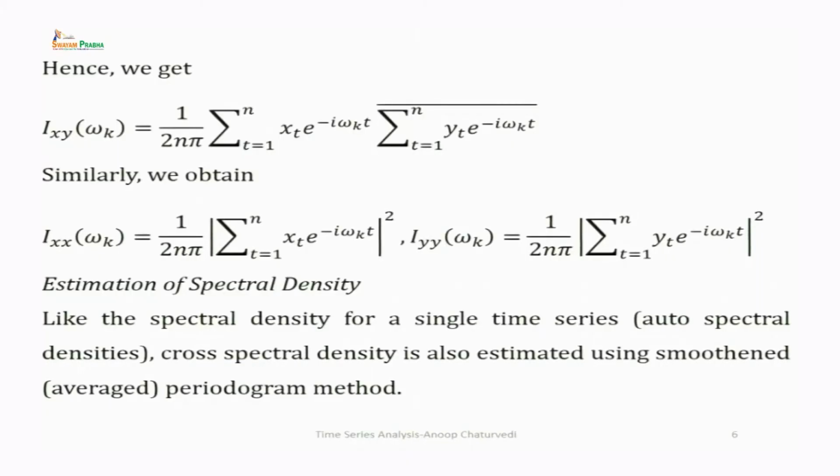We obtain the periodogram, then we smoothen it by the method of averaging. For obtaining the smoothened value of periodogram, we just average the values in the neighborhood. Similar procedure we can apply here also for smoothening the periodogram.